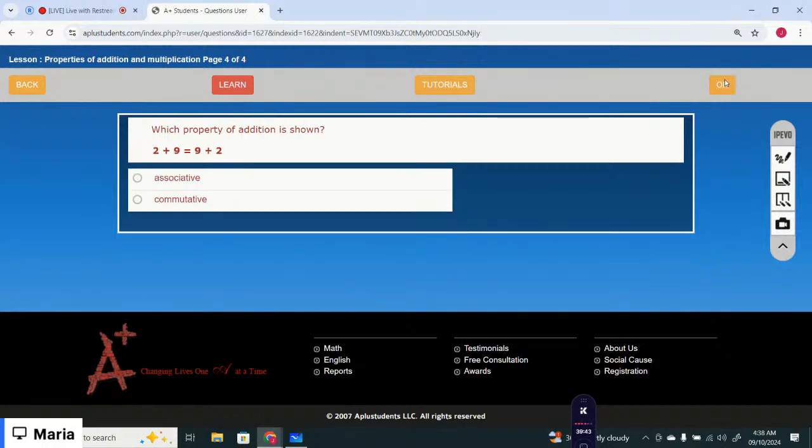Okay, which property of addition is shown? Which is the correct option? The correct option is the commutative property of addition, right?